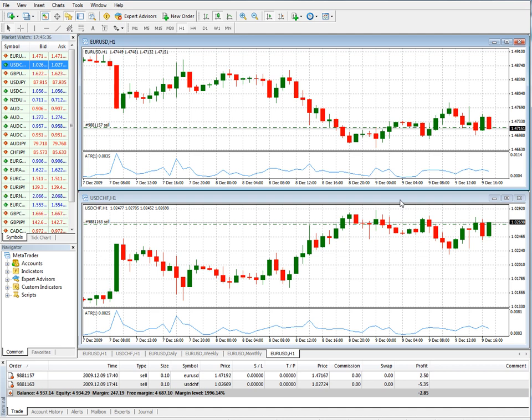Then if you're risking, say, 3% per trade, then you end up effectively risking 6% because you're effectively using two trades which are the same. So as the market moves, as the euro dollar, US dollar goes in one direction, the US dollar, Swiss franc goes in the other direction.